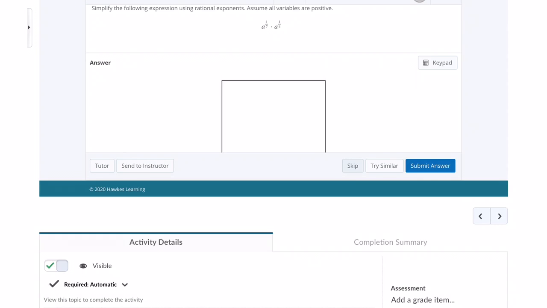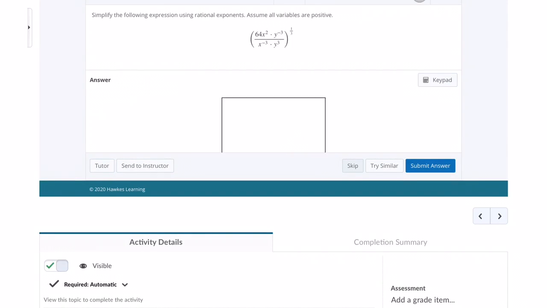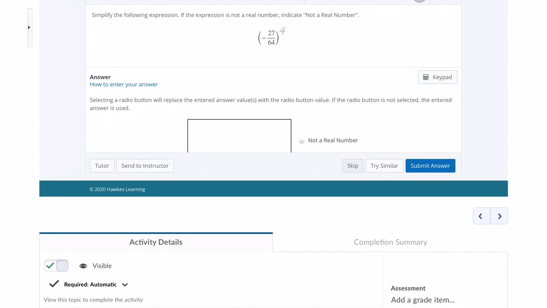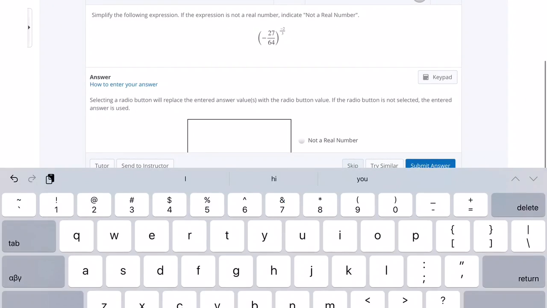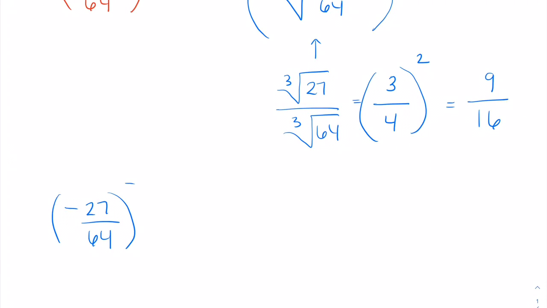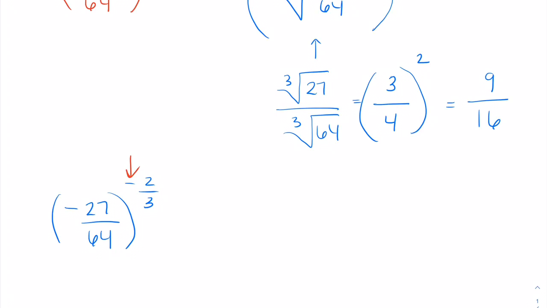All right. Now if I'm working through these and I come to a negative exponent, like this one, the only difference is I'm going to use the reciprocal in order to make that exponent positive. So if I've got negative 27 over 64, and I'm asked to raise this to a power of negative 2/3, when you see a negative exponent, that's the first thing you need to take care of.